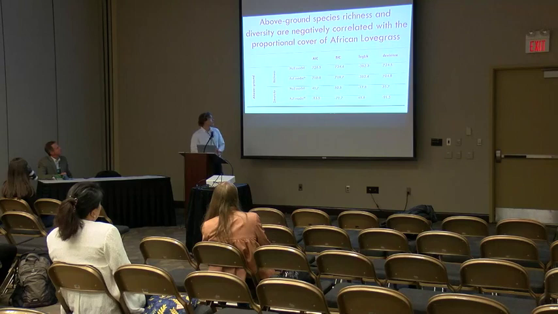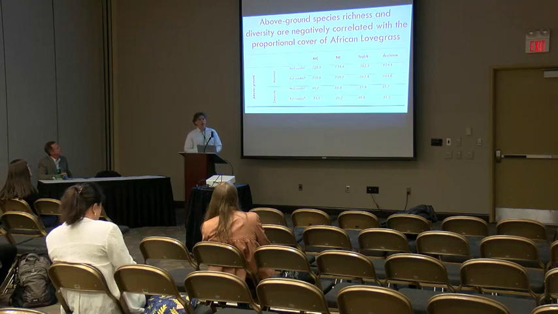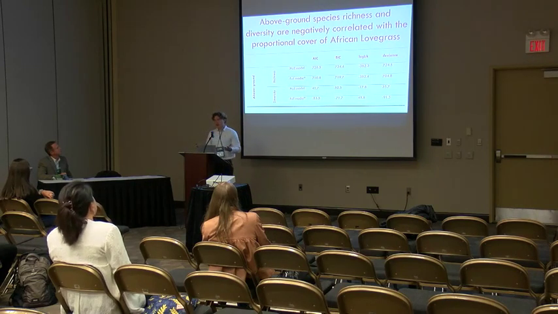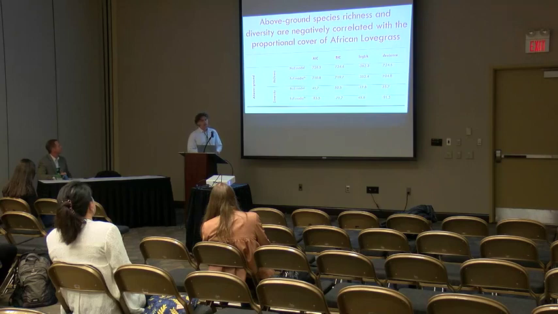We used Akaike information criteria, AIC here, to assess model fit. The full model had a predictor variable of African lovegrass cover and a response variable of either richness or diversity. And in both cases, we have the full model having a lower AIC, meaning that it's the better model in this case.